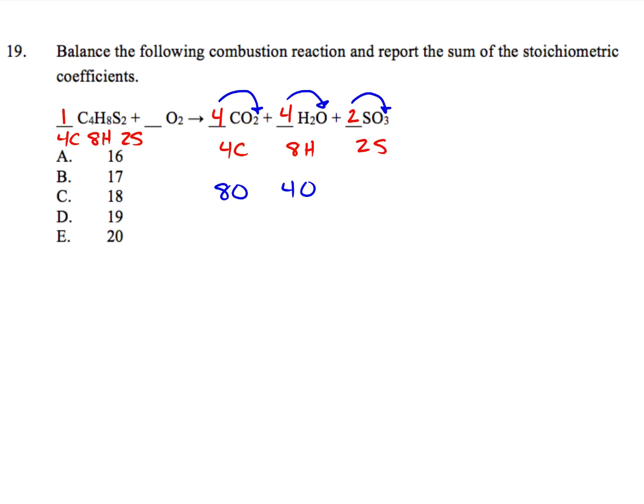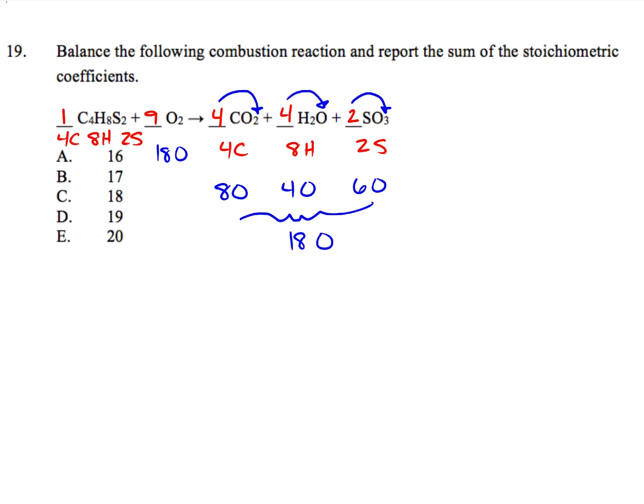And the SO3, I have 2 times 3 is 6 oxygen. So that is 18 oxygen. Okay, so if there's 18 on the right, I need 18 on the left, so we'll put a 9 in front of the O2. So that's 9 times 2, that's my 18.